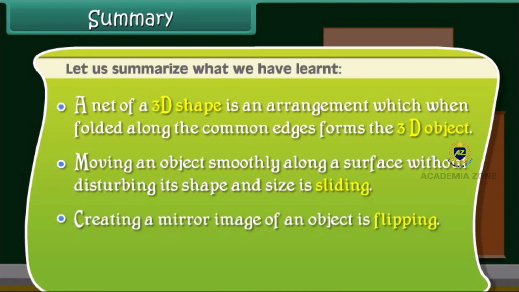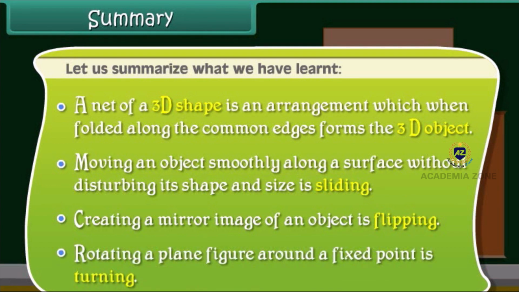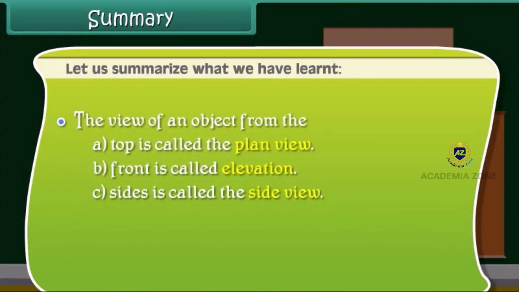Creating a mirror image of an object is flipping. Rotating a plane figure around a fixed point is turning. The view of an object from the top is called the plan view. Front is called elevation. Sides is called the side view.